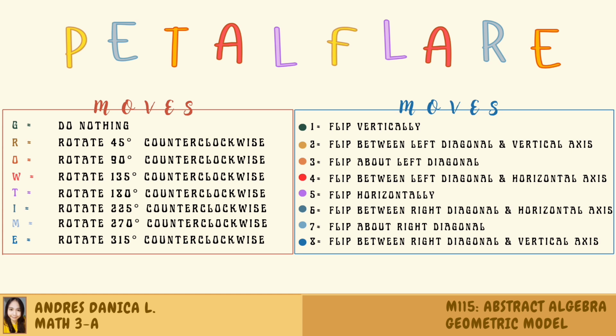For element 5, we have flip horizontally. For element 6, we have flip between right diagonal and horizontal axis. For element 7, we have flip about right diagonal. For element 8, we have flip between vertical and right diagonal.